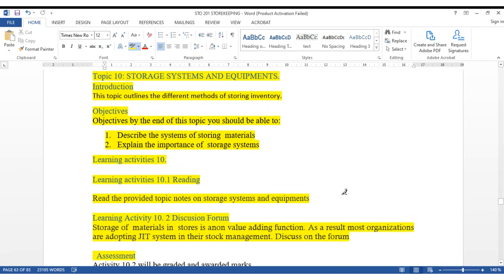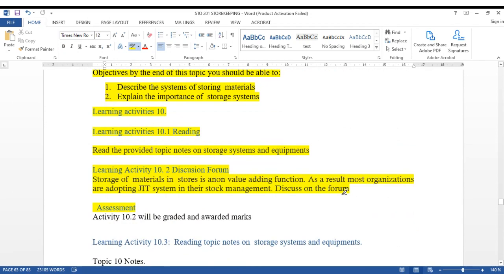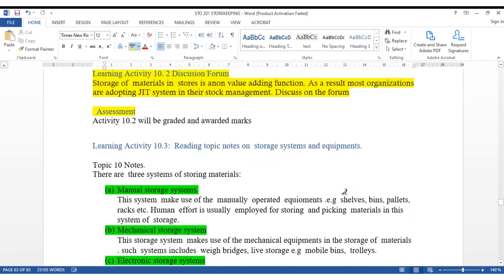Now, regarding introduction to this area, we have three major systems of storage to items. The first system that we need to look at is the manual system, which involves equipment that are operated manually or that you work with using one's own hands, and include shelves, bins, pallets, racks, among others.